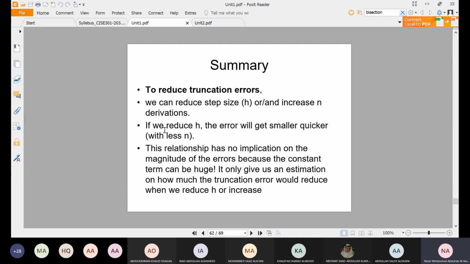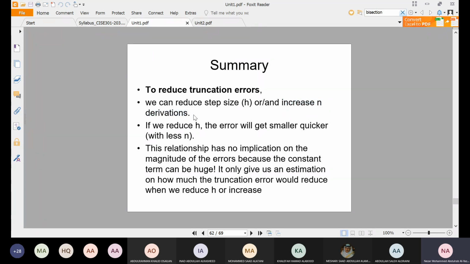As a summary here, to reduce the truncation error, usually we reduce the step size or increase the number of derivatives. That means we increase the number of the terms.